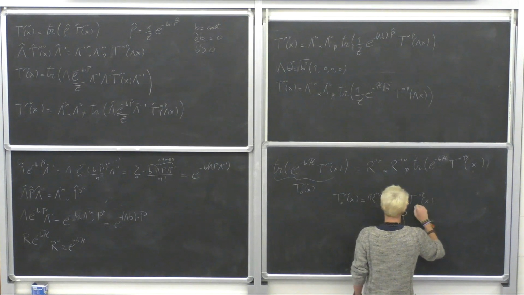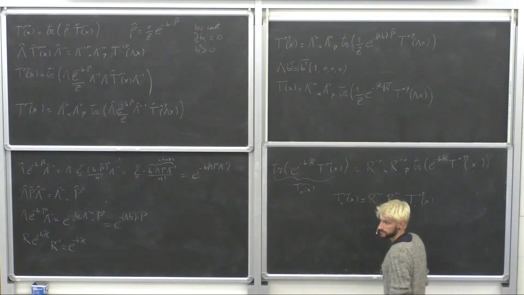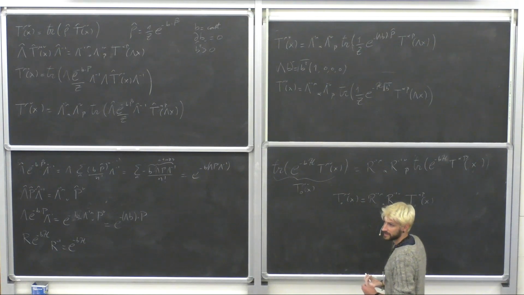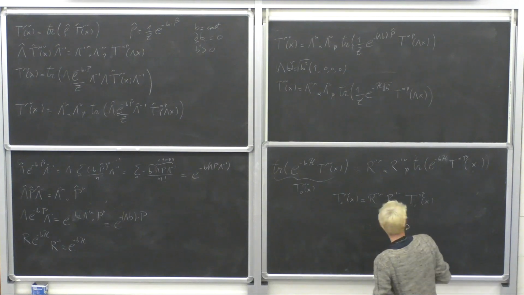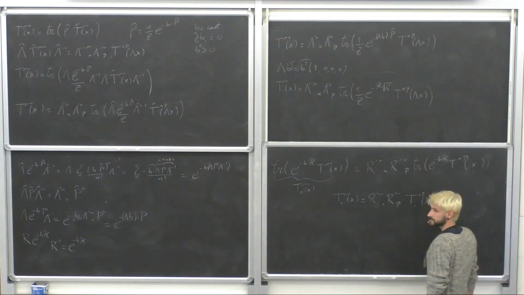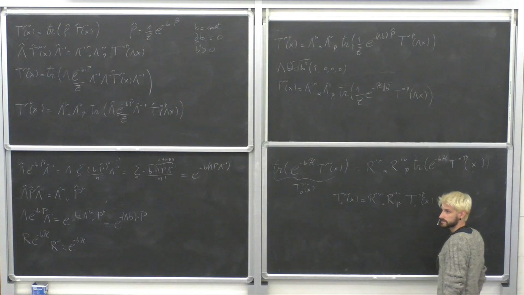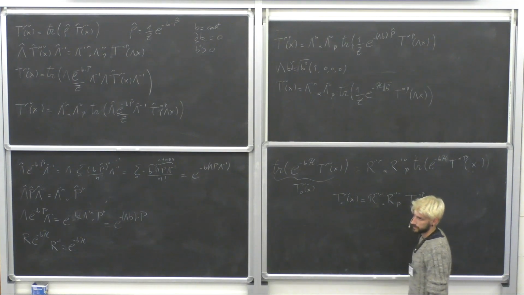Sorry, can I make a comment? Please. You do not assume really that the space is rotationally invariant, so the x should be kept there. The key point is that this operator is also invariant by translation. Therefore, the mean values do not depend on x, and you can choose a special point, which is x equals 0.